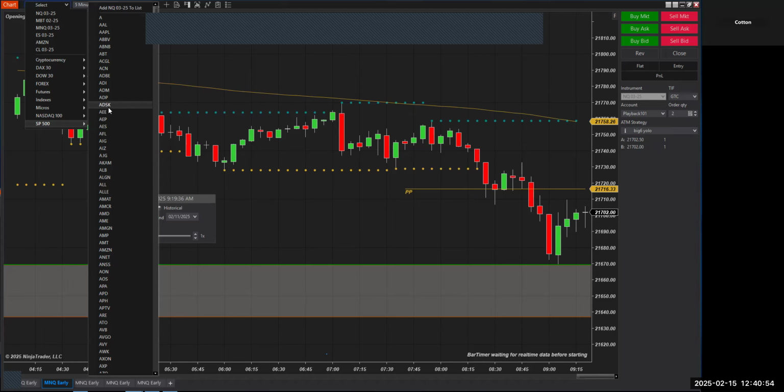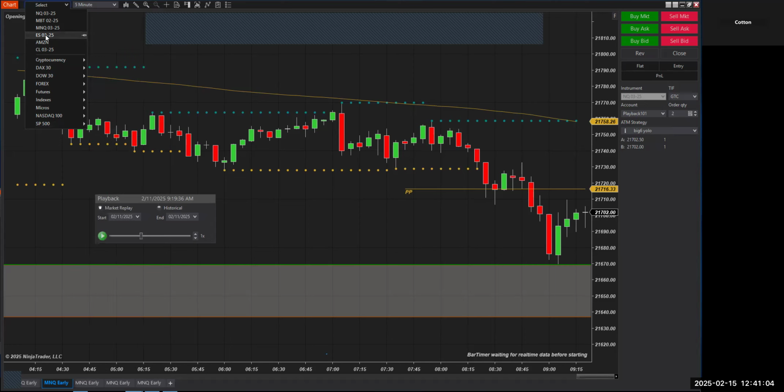But the SPY is cheaper, right? So it's not as much when you're moving up or down. Like ES is $12.50 a tick and the SPY is like $1 or something, right? Well, that's because we're trading the futures price. We're not trading the current price.